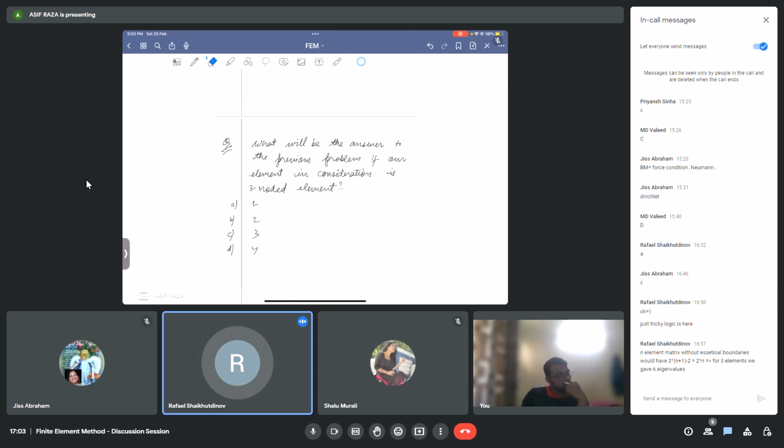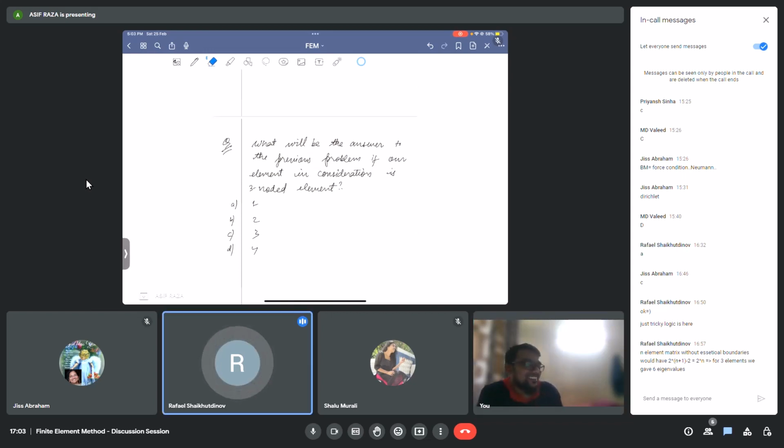So 2n plus 3 for a cantilever beam should be more than the frequency we want, the fifth natural frequency. So 2n plus 3 is greater than or equal to 5, 2n is more than or equal to 1. So n equal to 1 is okay for 5 frequencies. Are you sure?